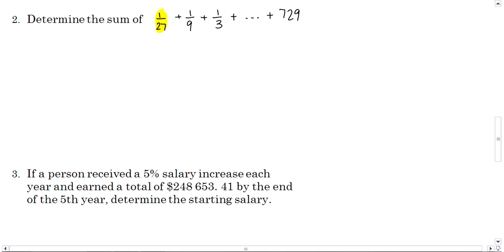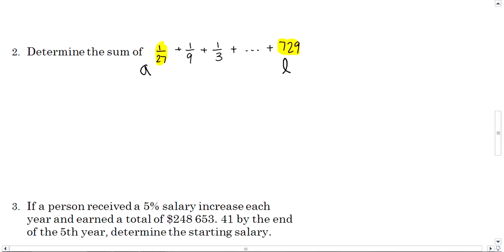Here, this thing is our first term, our A. This one here, this nice juicy number, is our last term, L. Our ratio, sometimes I can't do the mental math, so I'm going to figure this out myself. I take any two successive terms side by side, the second one over the first one, or the third one over the second one, which is easier for me.